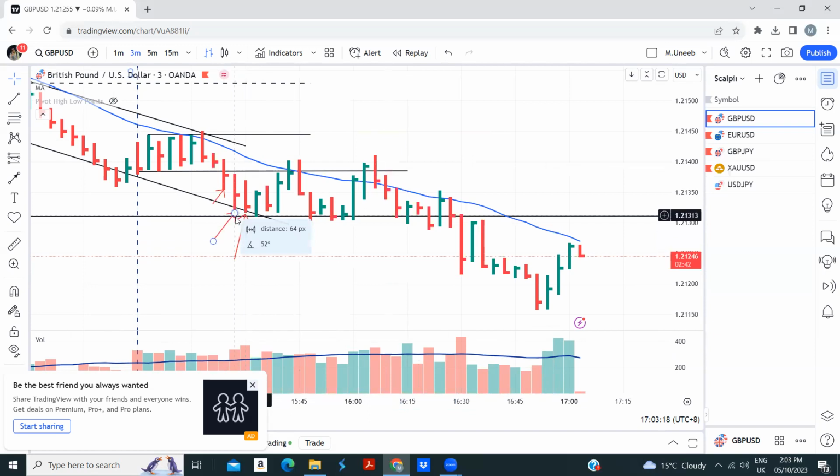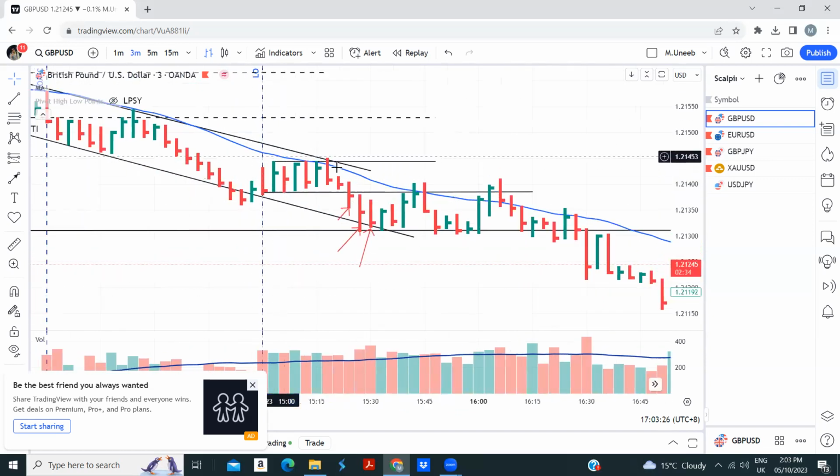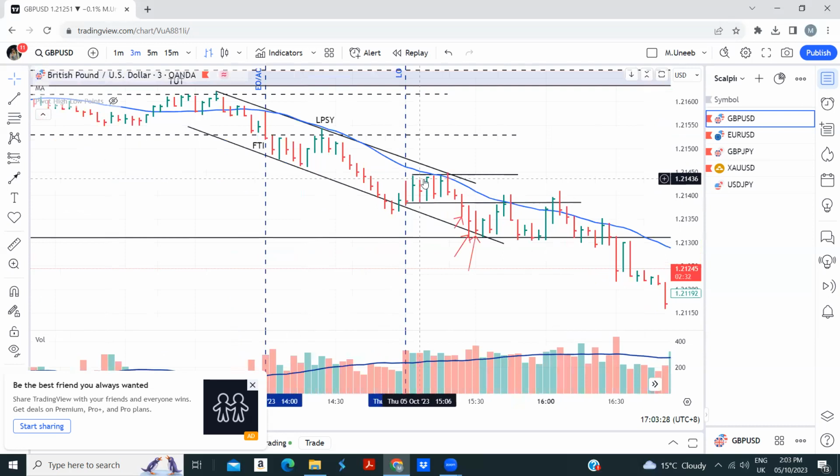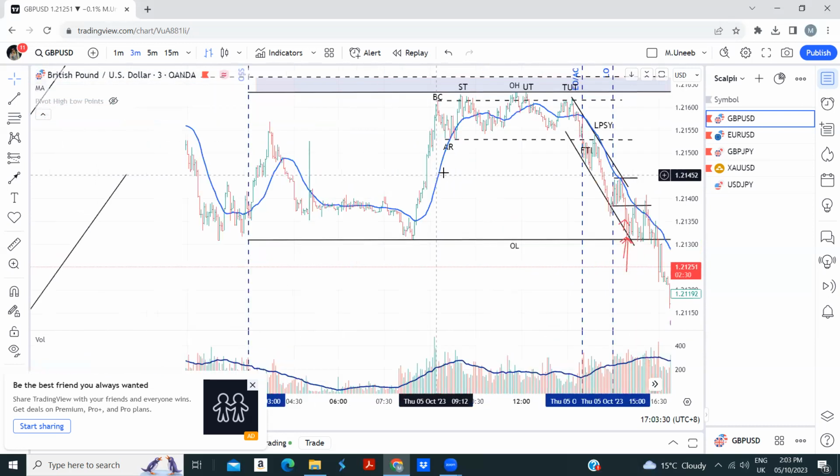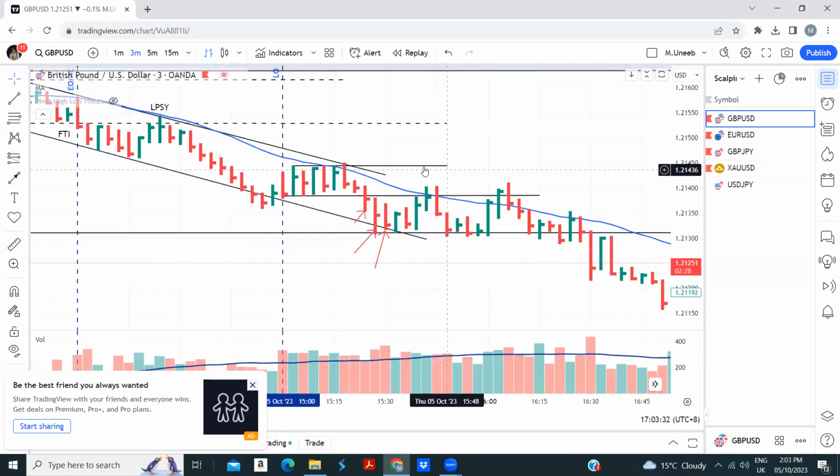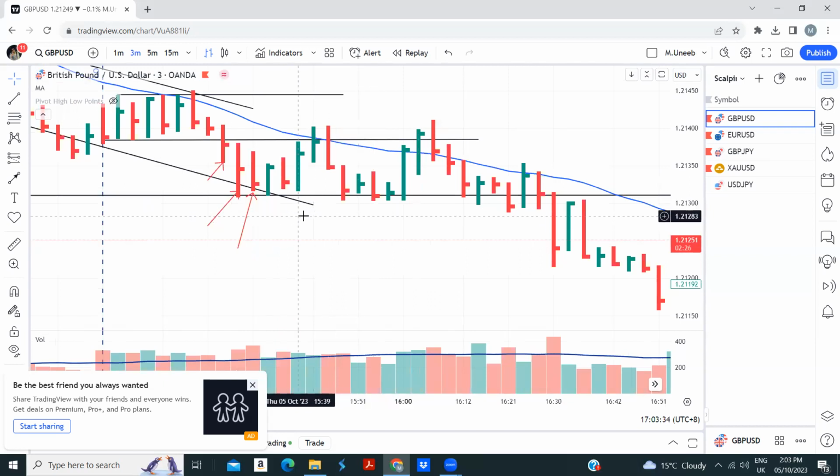Now, however, if you take this as a selling climax, which is not very significant according to the whole structure, the major bias is bearish, as I told you, and as I showed you in the 15-minute time frame.